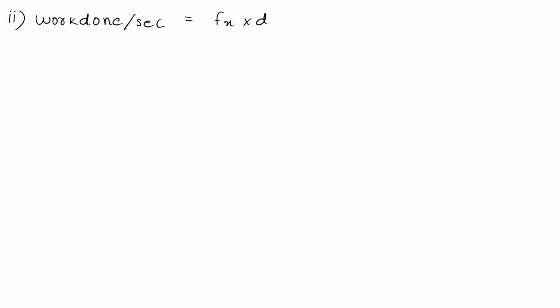Force we are considering in x direction, so Fx into distance, and work done per second means divided by time. So this will be velocity, that is u into Fx. Fx we have found is rho a (v minus u) whole square, so work done per second is rho a (v minus u) whole square into u.